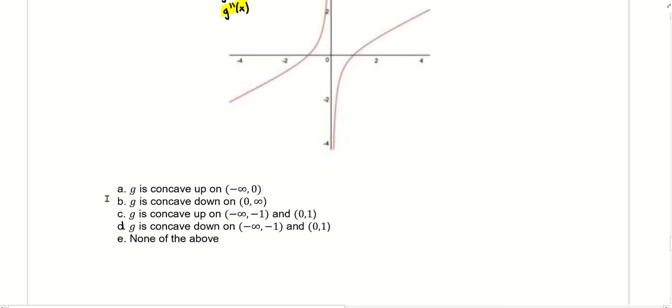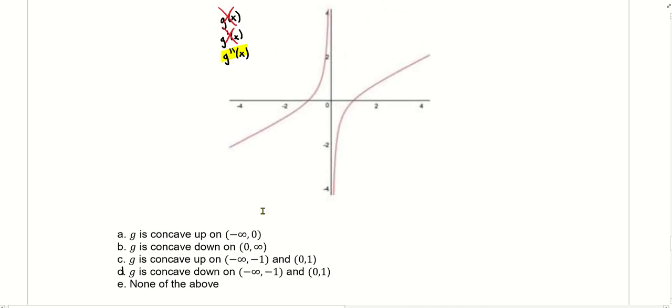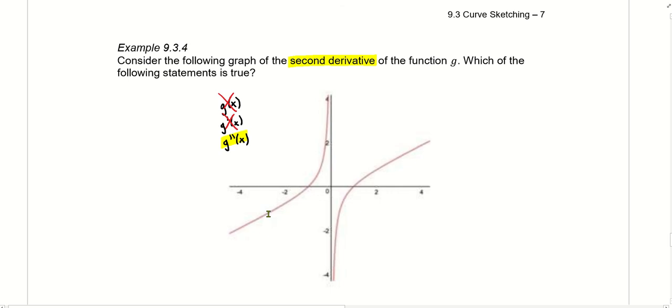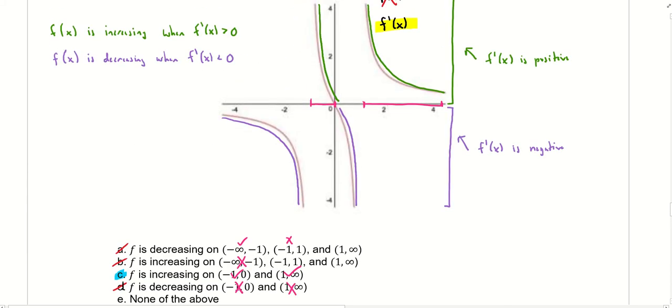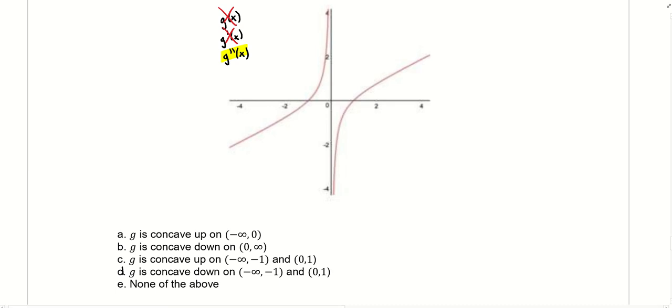All right, so if we look at our options, these look like they're all options about concavity, which is super convenient because the second derivative is the derivative that gives us information about concavity. And so what I'm going to do for this example is actually very similar to what I did in the previous example. I'm going to first write down what the second derivative tells us about concavity.